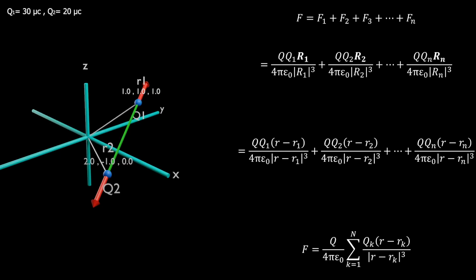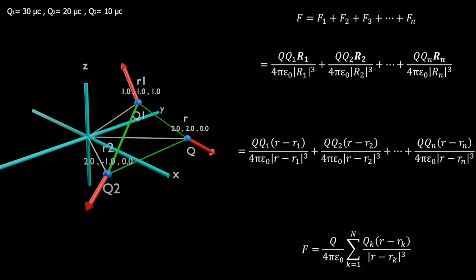Now, if we have more than 2 point charges, we can find the force on any one of them using the principle of superposition. This principle says that the force on any charge is equal to the sum of the forces from all other charges.